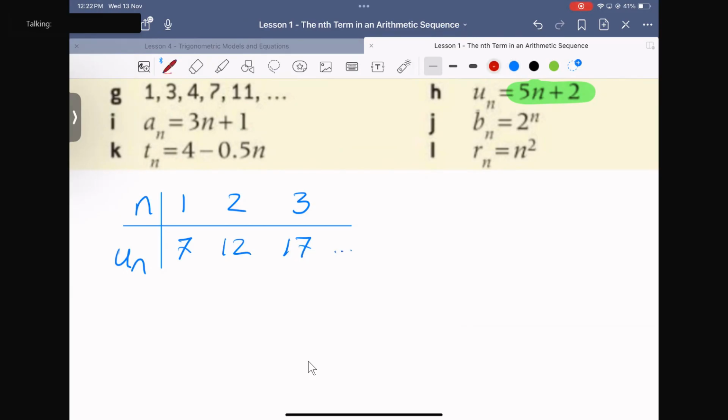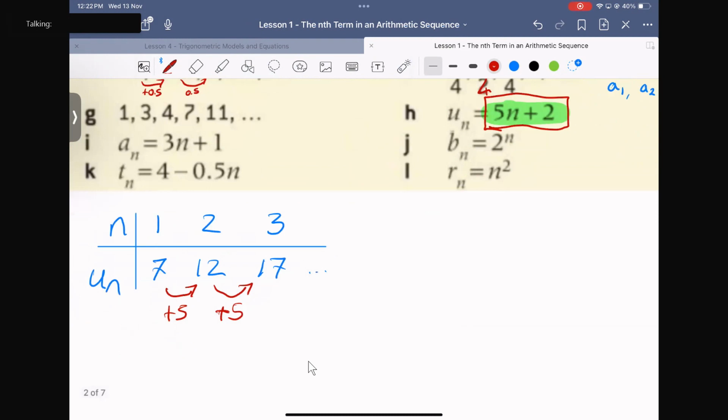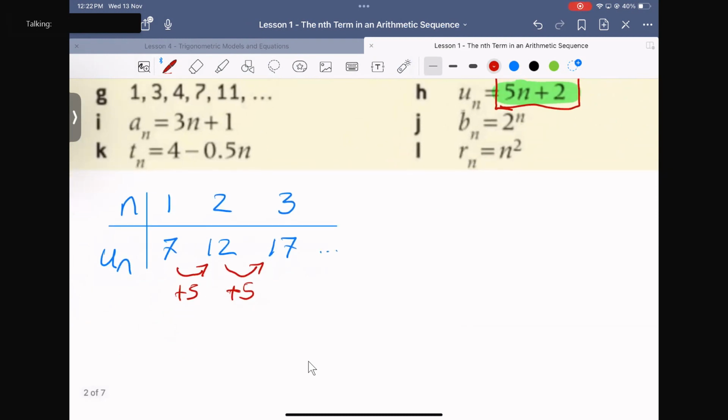What is the common difference happening here? How can you see it in the formula? If you have a linear formula, if you have a linear sequence, you will get arithmetic, and the common difference is the slope, so to speak.